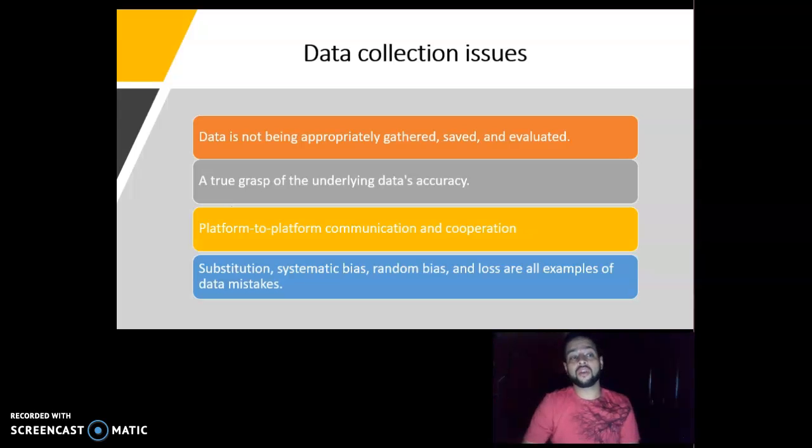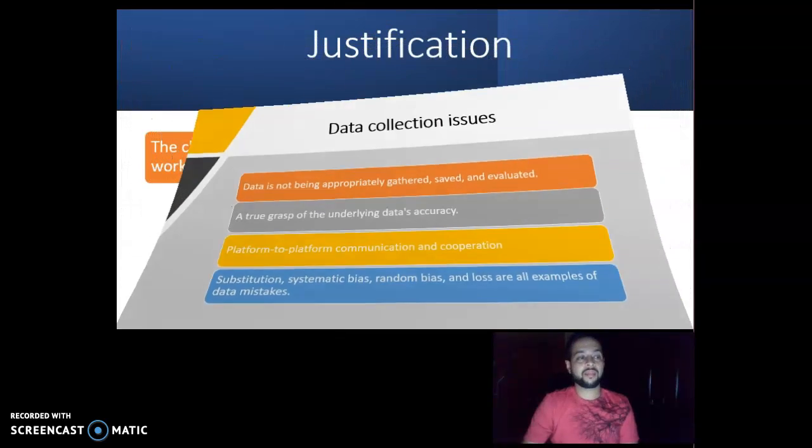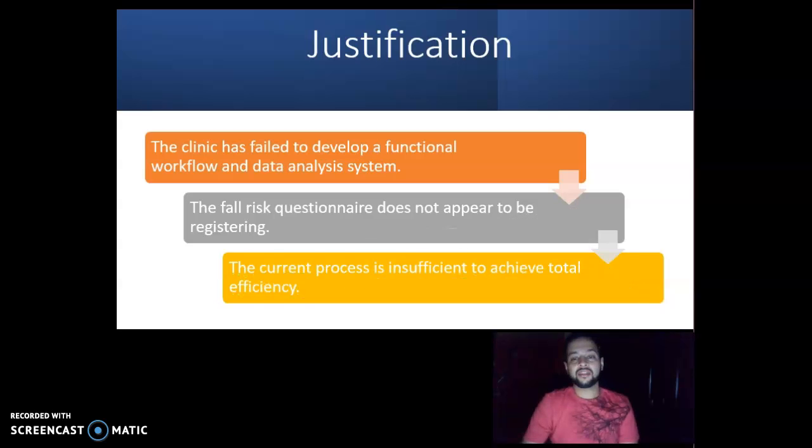We should also look at whether there is a communication and collaboration gap between the platforms. Justification: as the clinic has failed to develop a robust workflow and data analysis system, the fall risk questionnaire is not being registered, and the present procedure does not ensure that it is working properly.